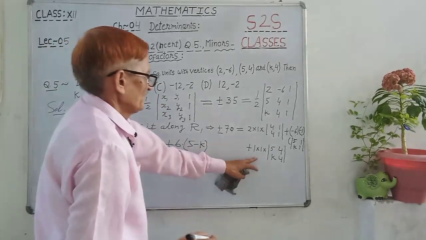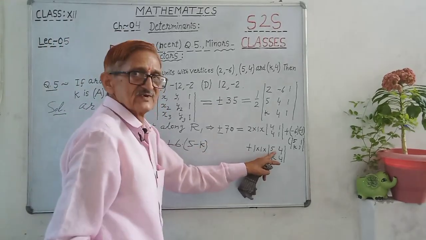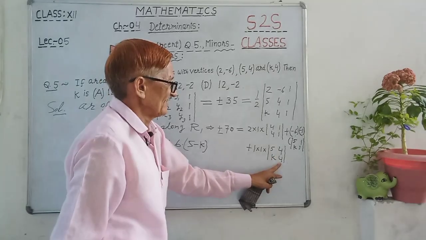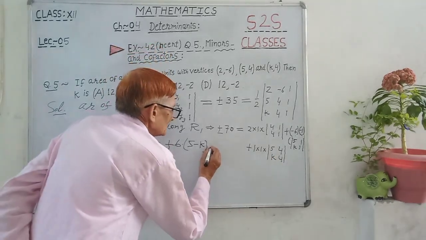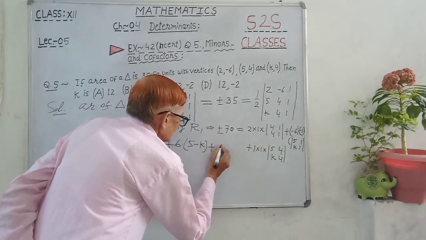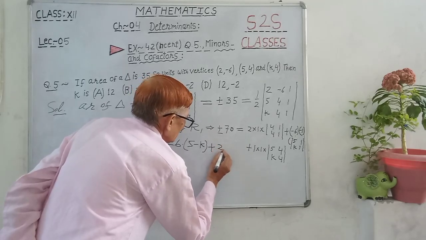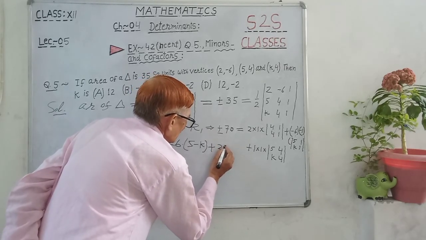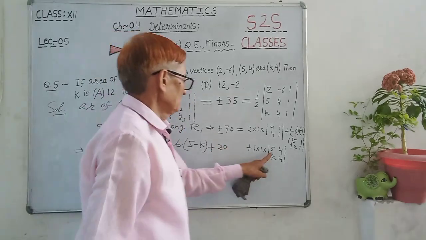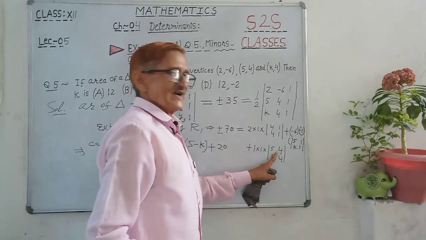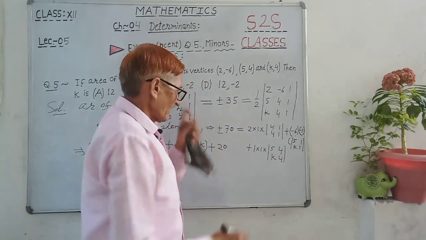Then plus, expand: 5 into 1 into the remaining element 4, 5 4 are 20, and 1 into 1 1 into 20, minus 4 into k, minus 4k.